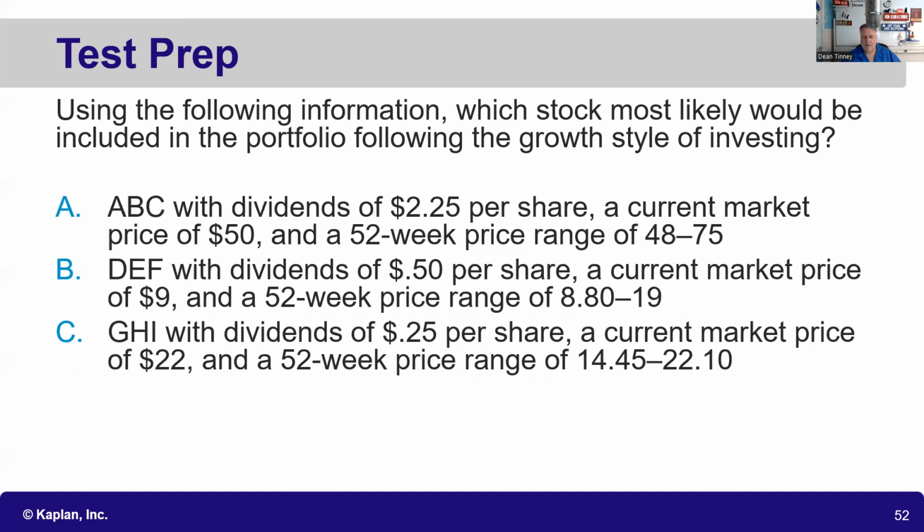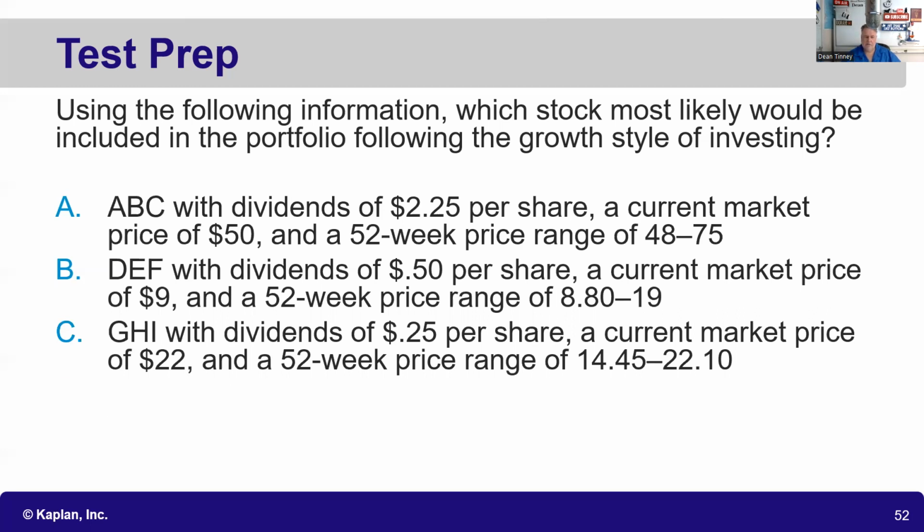A dividend of 25 cents. We take our 25 cents, I got my calculator here, and divide by 22. About a 1% current yield, not a big current yield here. A current market price at 22. It looks like it has some upward momentum because it's trading on the higher end of its price range. So far, that looks different from A and B for sure.